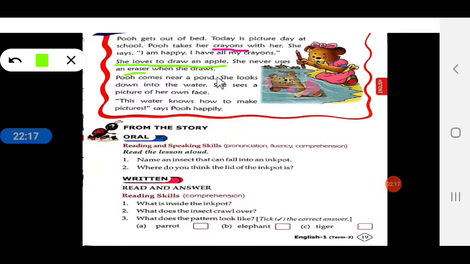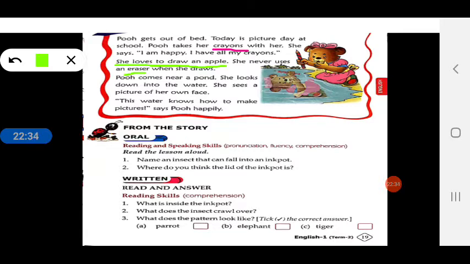She does not use an eraser, which means she does not make any mistakes while drawing the pictures.